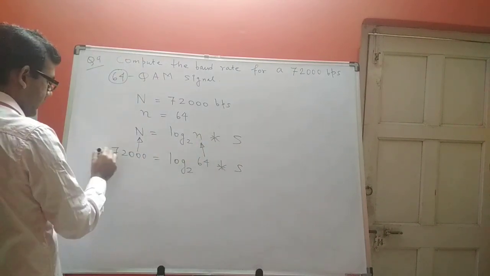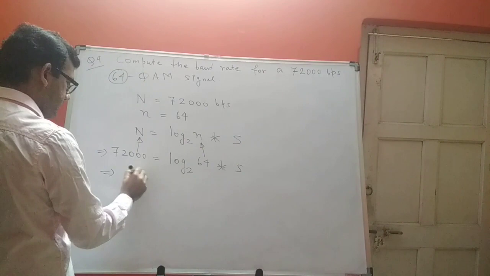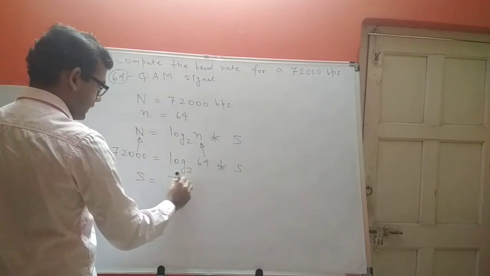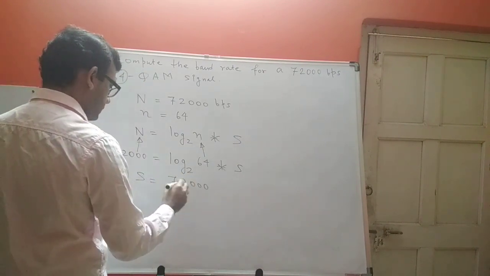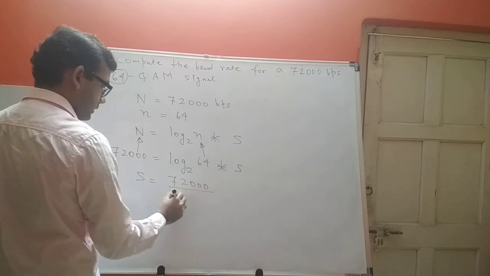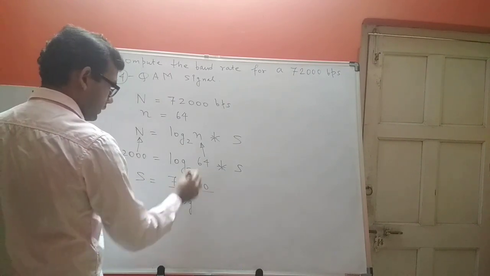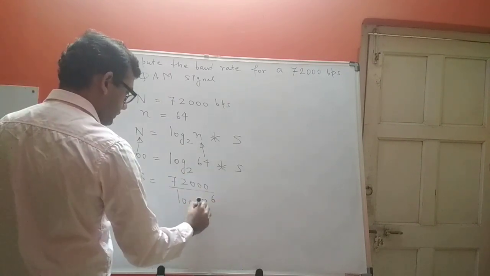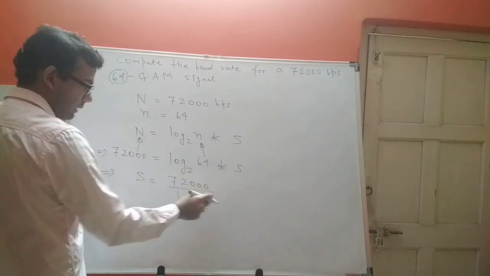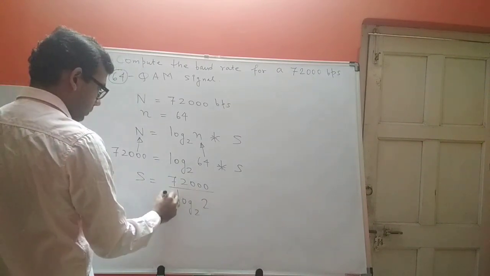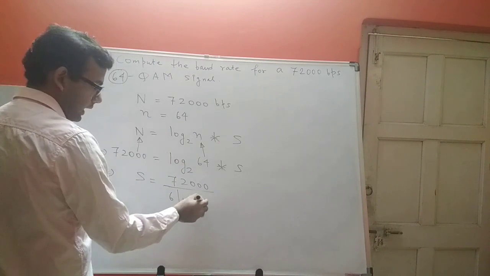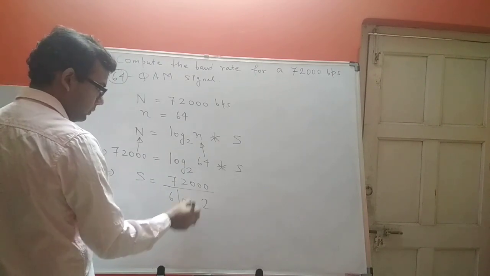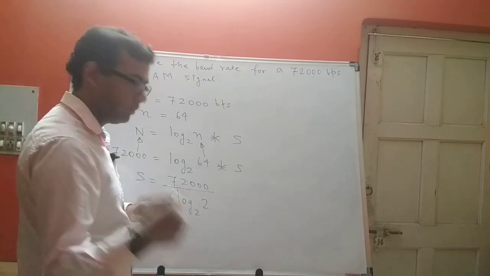Now I can find S simply by dividing 72,000 by log 64 base 2. Now 64 can be written as 2 to the power of 6, base 2. Now this 6 can be brought in front by the property of logarithm, and now I have log 2 base 2. So log 2 base 2 is 1.